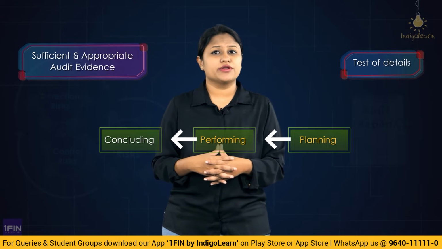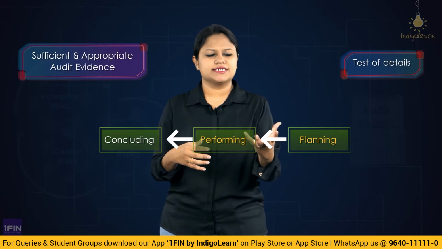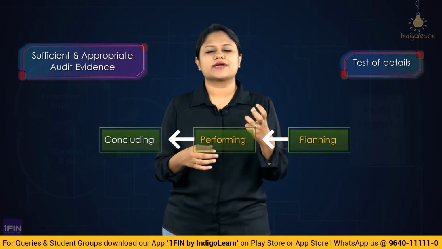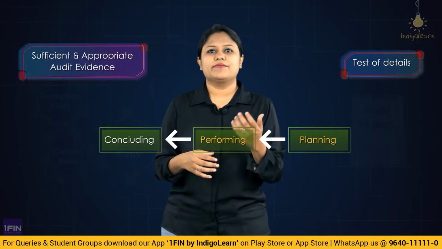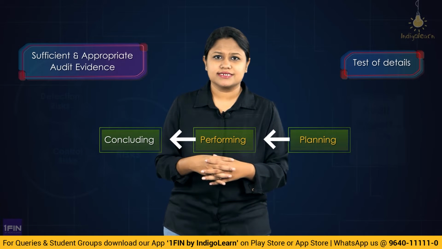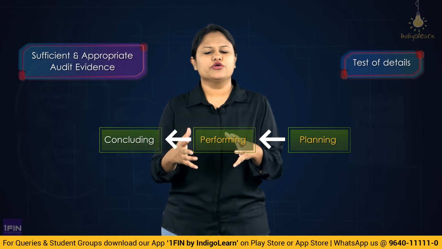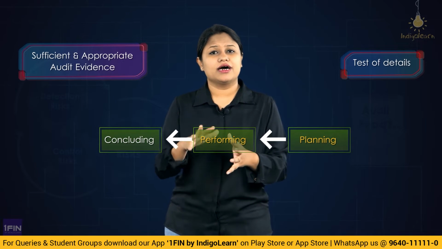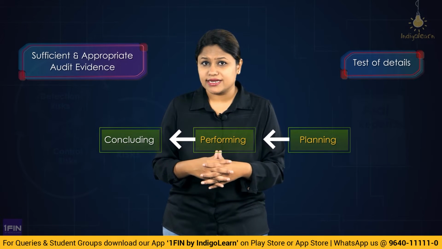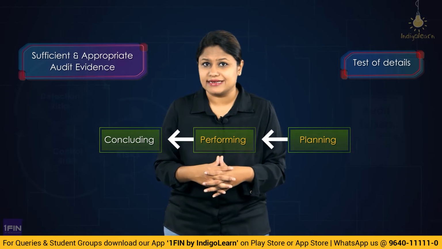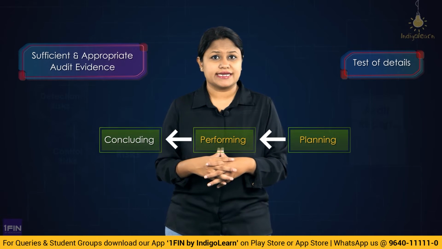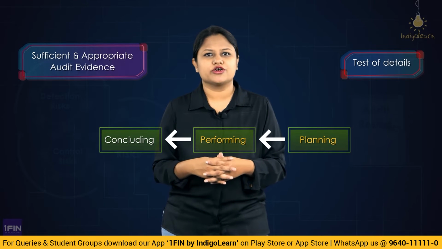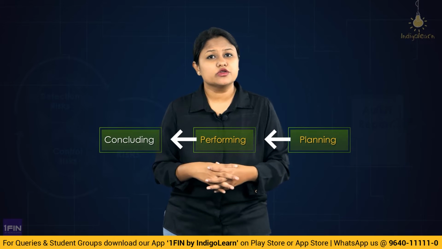For example, if we have performed analytical procedures on one of the components, like purchases, and they give us some kind of unreasonable fluctuation, when you created a relationship or saw the trend of past years, you realized there is some unusual fluctuation. Now you realize that purchases have to be checked in detail. So this will enable the auditor to decide how much substantive procedures, that is, test of details, he has to adopt. And finally, at the conclusion stage.